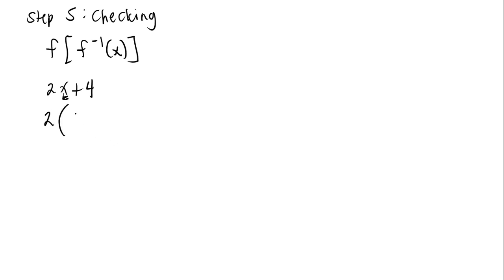So 2 times x over 2 minus 2, and then copy plus 4. And then after that, find the LCD of the given x over 2 minus 2. So we have LCD will be 2, and then we will write 1 as the denominator of 2. So 2 divided by 2 is 1, times x is x. 2 divided by 1 is 2, times negative 2 is negative 4, plus 4.